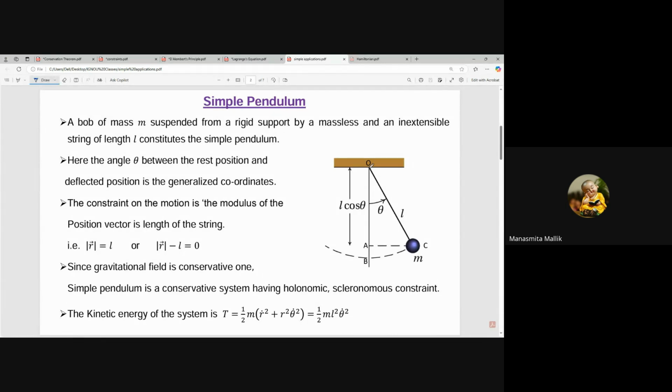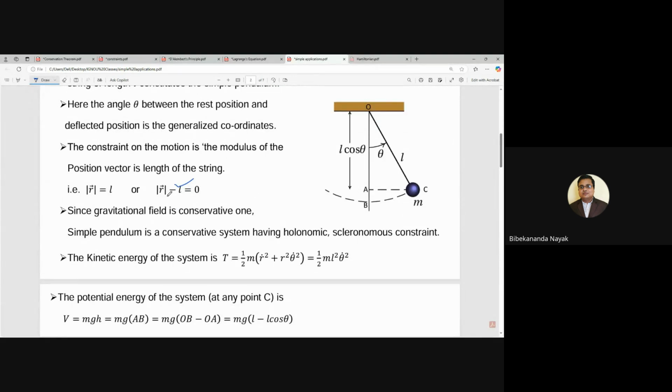A simple pendulum is a bob of mass m suspended from a rigid support by a massless and inextensible string of length L. The angle theta is the generalized coordinate, and the constraint is |r| minus L equal to 0. This length is fixed. Here we use polar coordinates r, theta; r is fixed, so only theta is the changing, generalized coordinate.